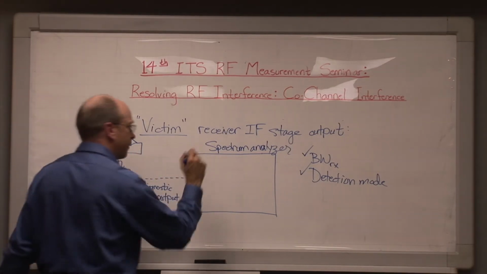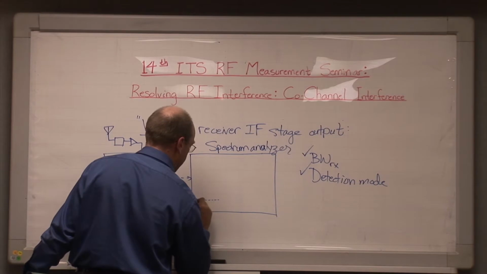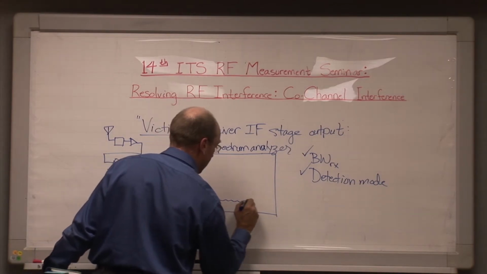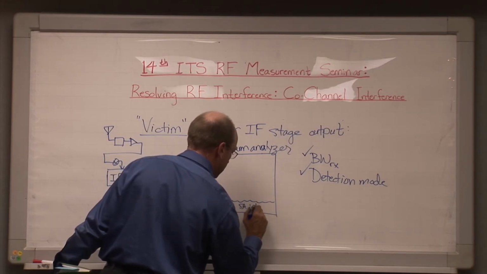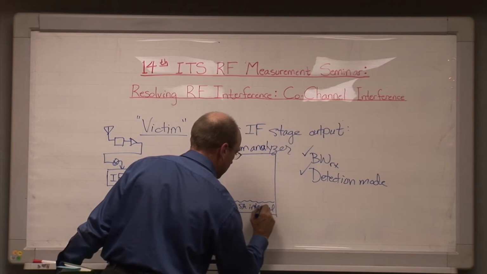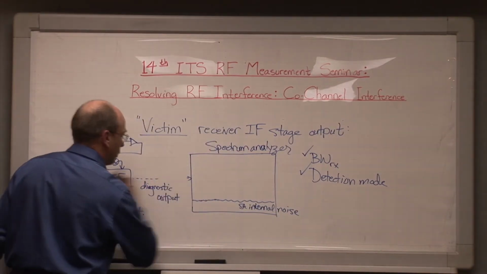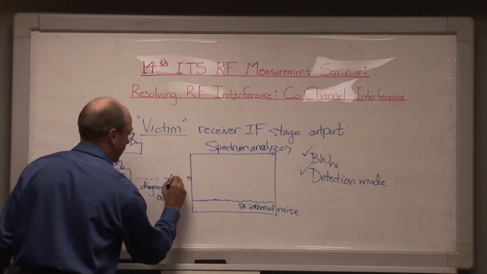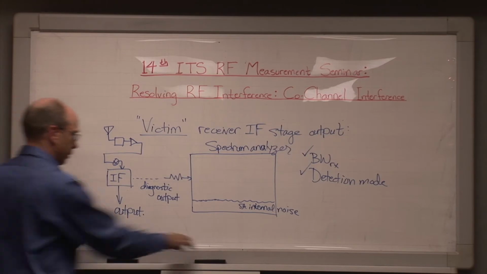And having done that, we're going to look on the spectrum analyzer, first of all, at the spectrum analyzer's internal noise, with no input, so we'll terminate this, okay, like so. There's the spectrum analyzer internal noise.